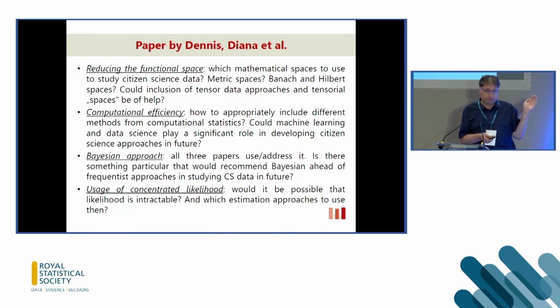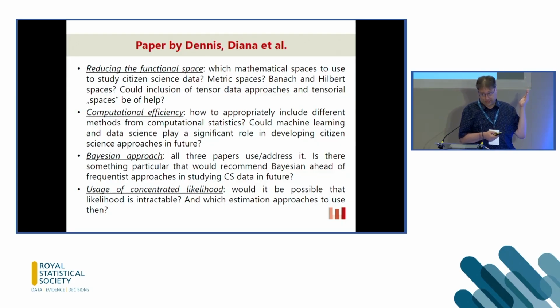Second, I think all or most of the papers addressed computational efficiency, so the question is how to relate, maybe, as was mentioned by Kerrie Mengersen, methods from machine learning, data science, and mainly computational statistics. All three papers addressed or used Bayesian approaches, but the question, partly addressed in the papers, is whether there is anything special about this type of data, in which cases to use Bayesian approaches, and in which cases to resort to frequentist approaches or combinations of them.